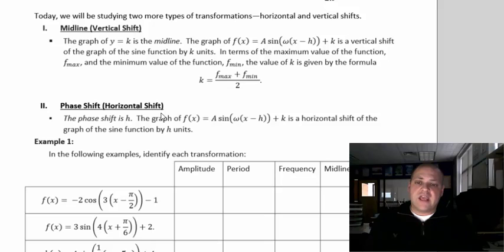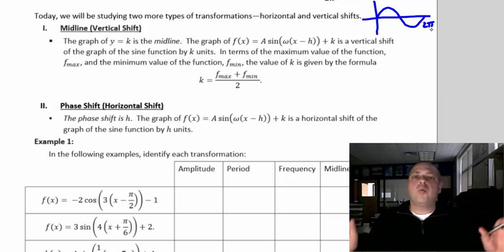So now today we're going to learn 2 more types of transformations, horizontal and vertical shifts, like I said. We're going to start with the vertical shift, which is also known as the midline of the graph, because we talked about how regular sine, sine x, just plain old sine x with nothing else, does that, and it goes to 2 pi.